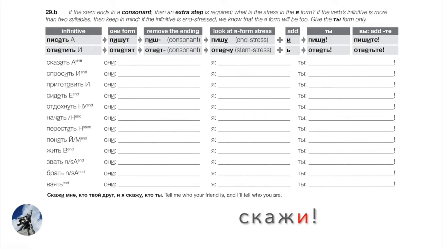Look at another one. Спросить. Они спросят. We drop the ят, we're left with a consonant. Спрос. So we have to think about stress. Look at the infinitive. Спросить. It's stressed on the final syllable. That means that regardless of its stress pattern, the я form is going to be спрошу. It's definitely going to be end-stressed. So спрошу implies спроси, спроси.